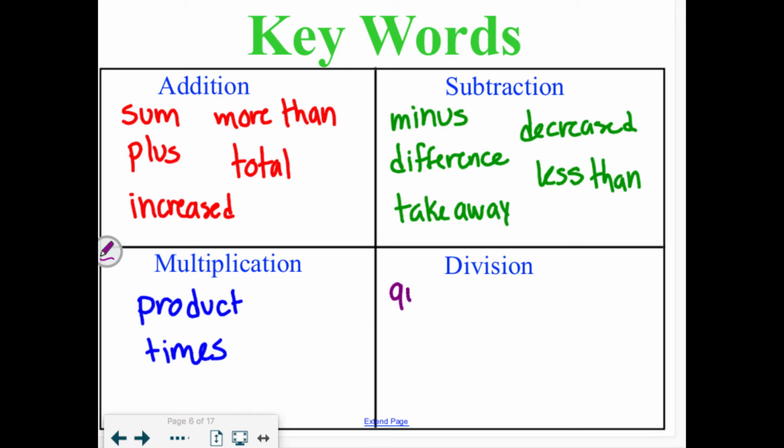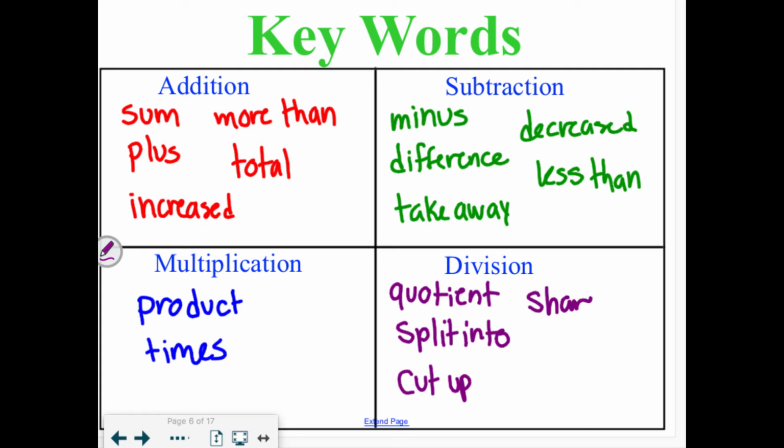Division is quotient, split into, cut up, shared equally. There are a lot of other words that can mean these different math operations, but this is just a short list to get us started.